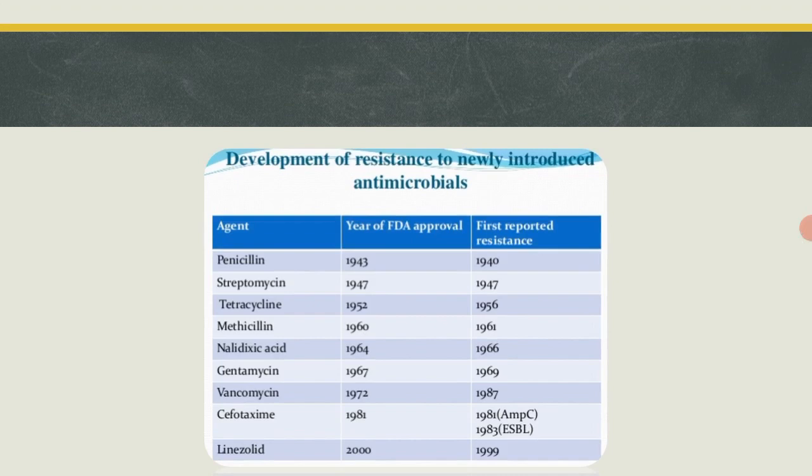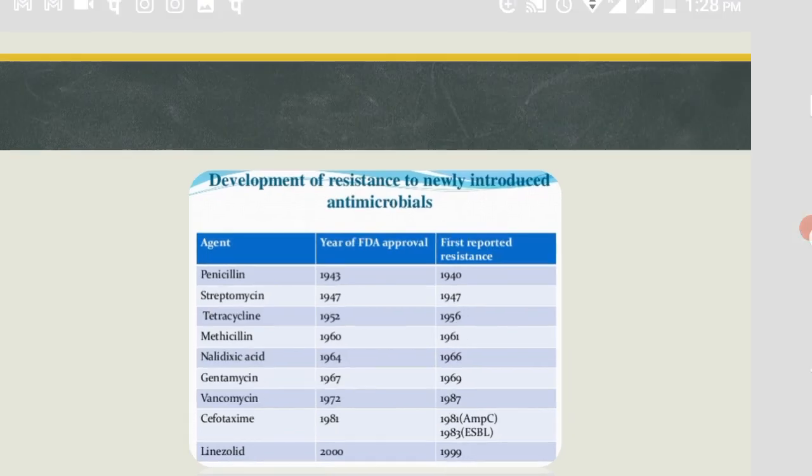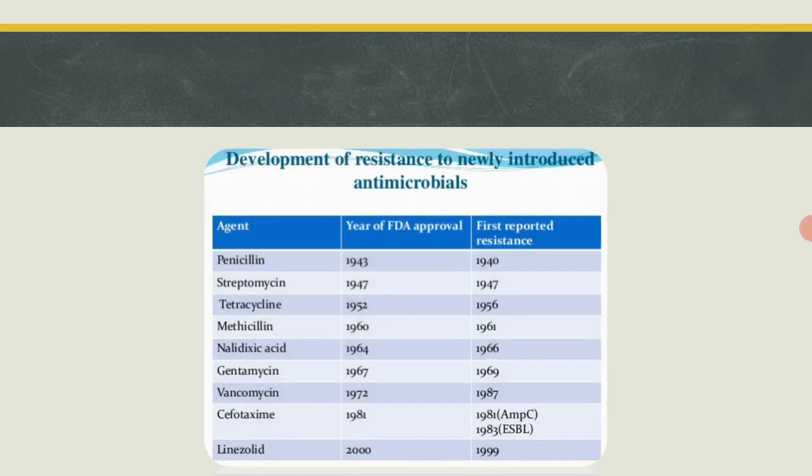So we can say that bacteria have so much ability to resist or to mutate their genetic structure very rapidly, right? They are producing resistance to so many antibiotics in a very short time duration. So there is a constant need for developing new antibiotics against resistant organisms.